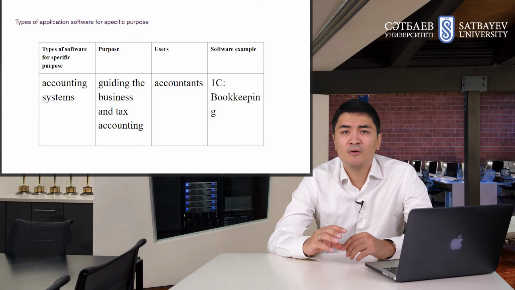An example of such software can be 1C in our country, it can be other SAP systems, and the users of them are typically accountants that are not tightly coupled with software engineering, but have to know particularly and specifically this area and this software from the beginning to the end.